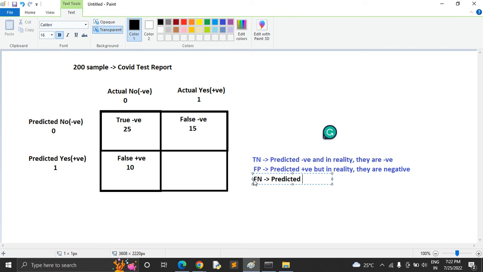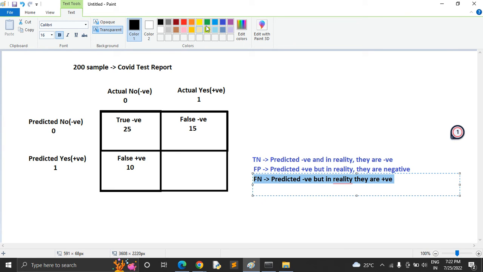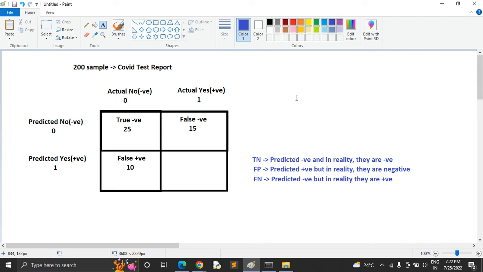Predicted negative, but in reality they are positive, right? This is also a kind of error, where your model fails to identify whether the patient has COVID or not.